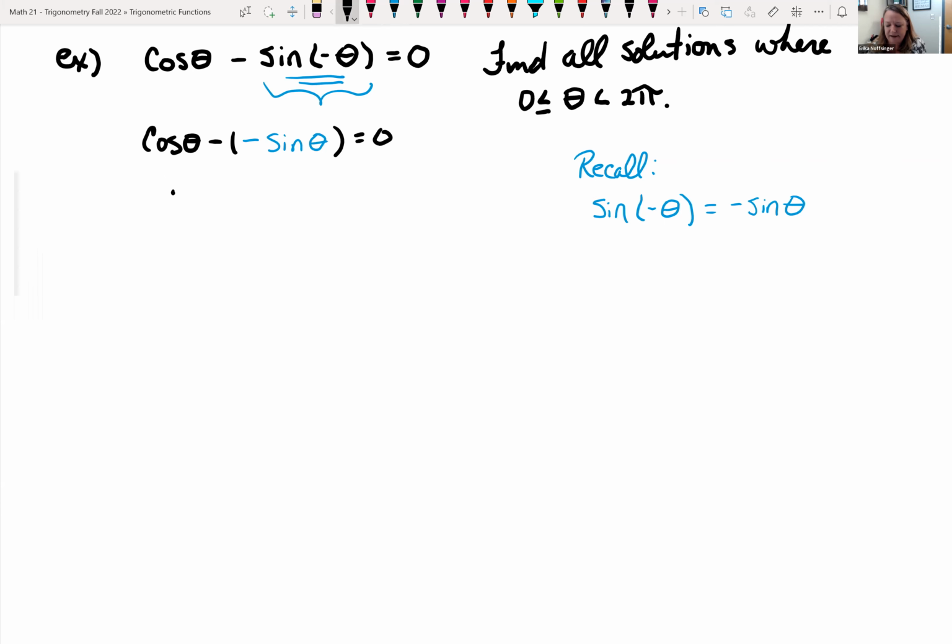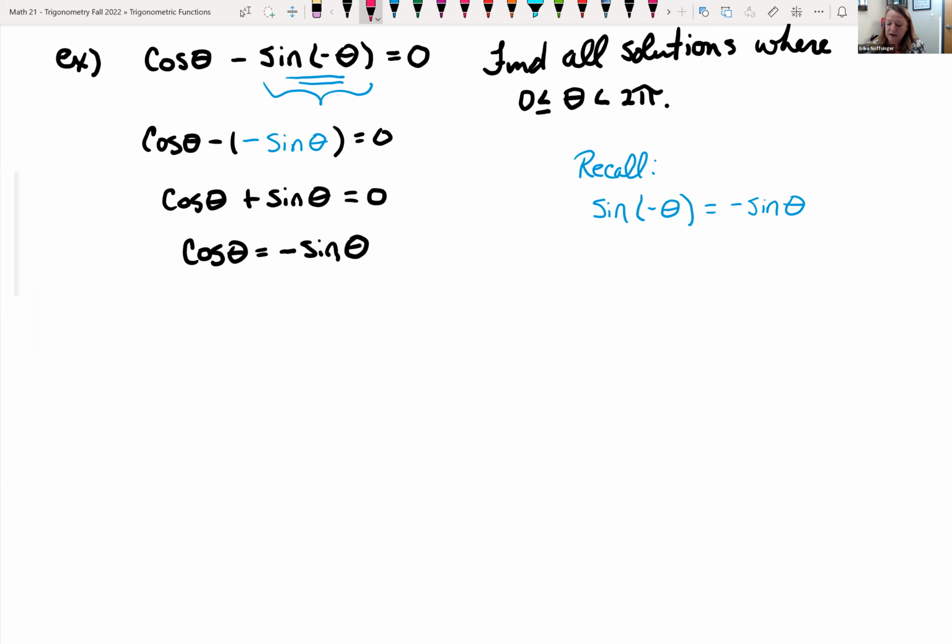So minus a negative is the same thing as addition. So cosine theta plus sine theta equals 0. If we isolate cosine theta on one side of the equation, we could subtract sine theta. So cosine theta equals negative sine theta.